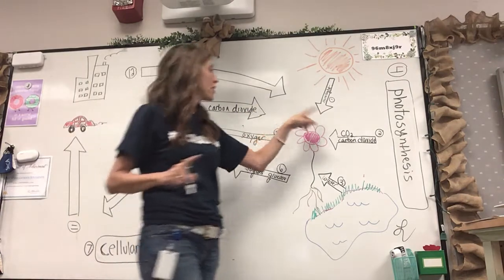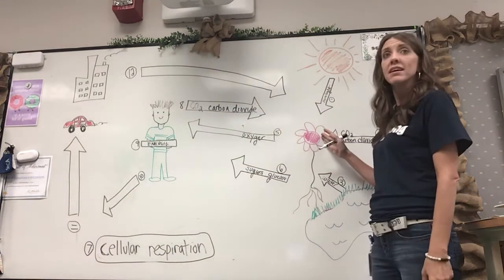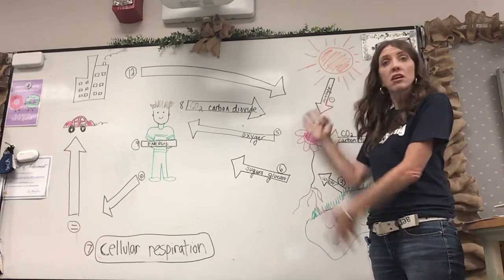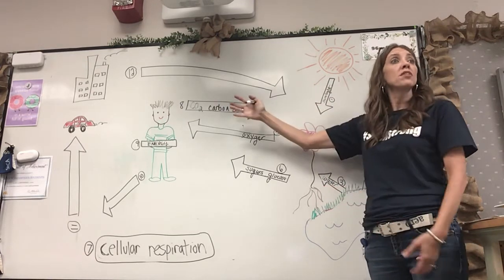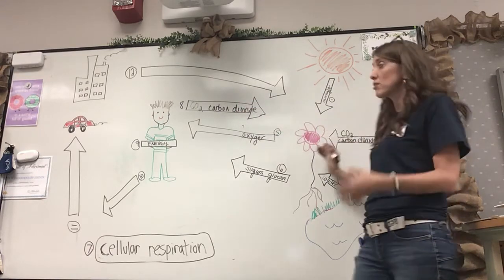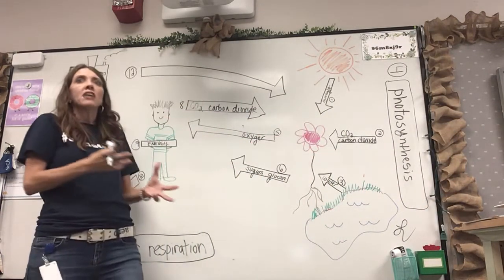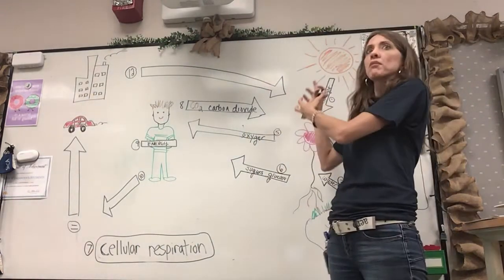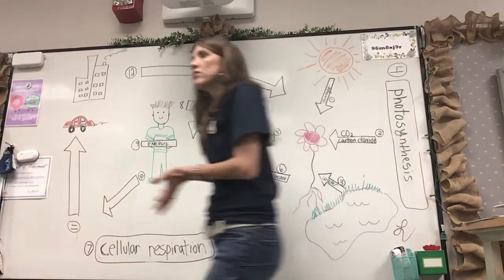Okay, now we're back over to here. What does the plant need? The carbon that we just breathed out, and the sun and the water, right? So the plant, Lamaria, needs the carbon dioxide and breathes out the oxygen. We need the oxygen and we breathe out the carbon dioxide. The plant breathes in the carbon dioxide and gives out the oxygen.